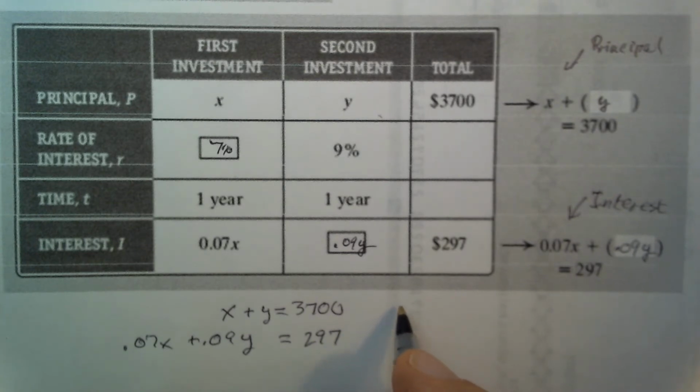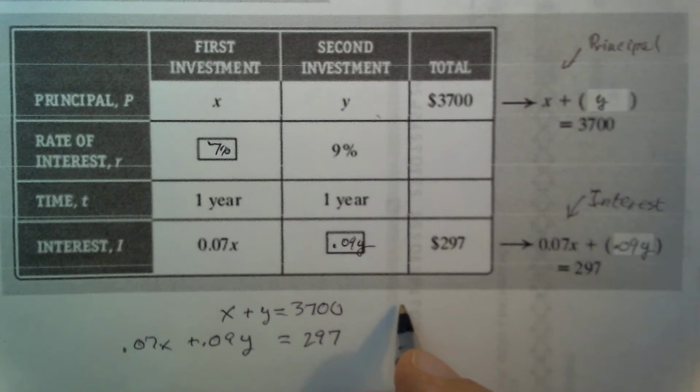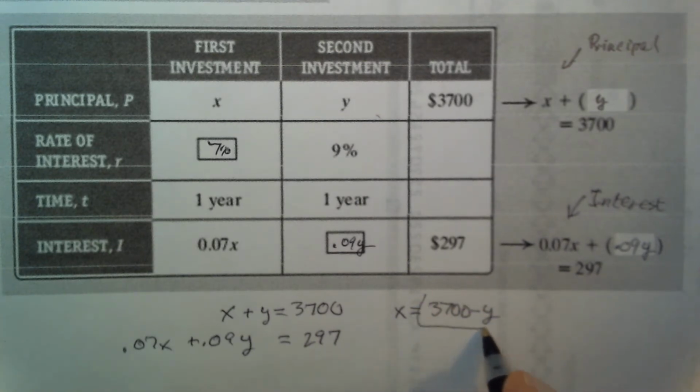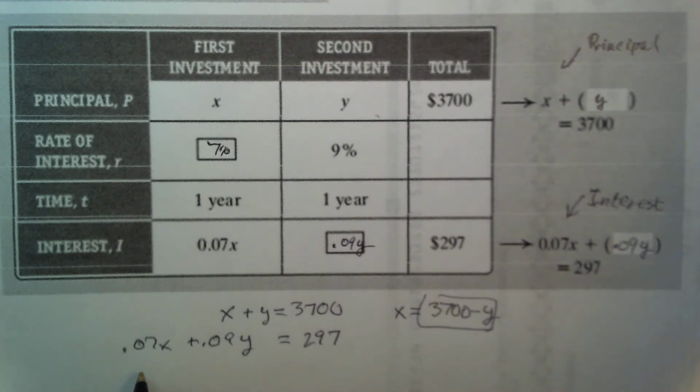It seems simpler to me here right now. Let's solve the first equation for x. So x is equal to 3,700 minus y. This amount for x we substitute into the second equation.